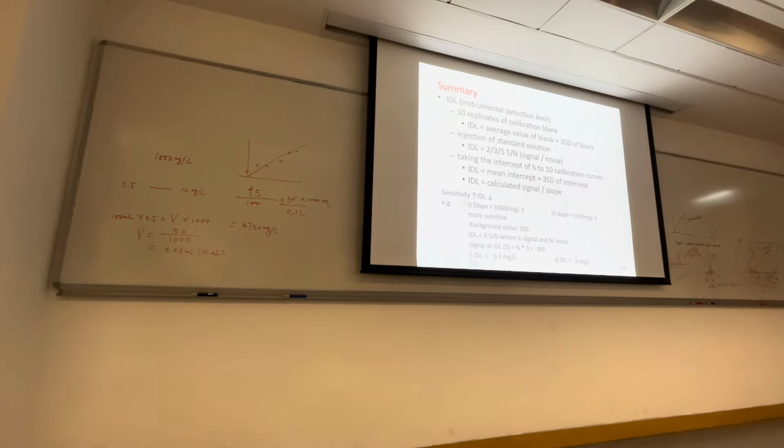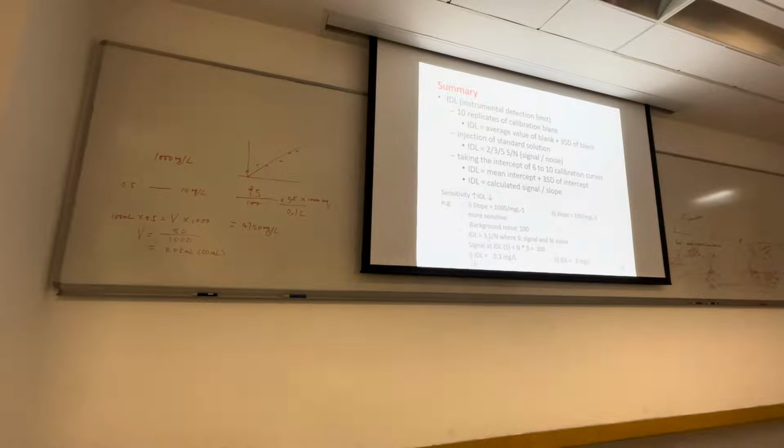So, when the sensitivity increases, the IDL decreases. Sensitivity means the slope, okay? So for case 1, the slope is 1000; for case 2, the slope is only 100. It depends on the instrument. This is more sensitive. The background noise is 100.